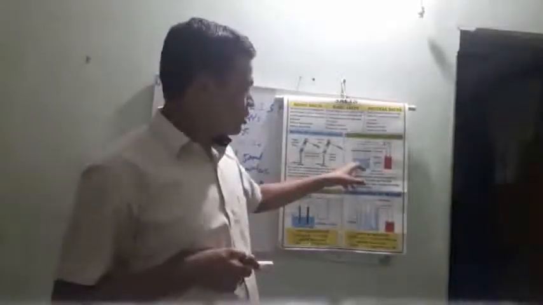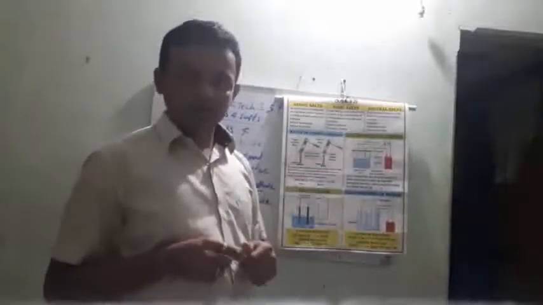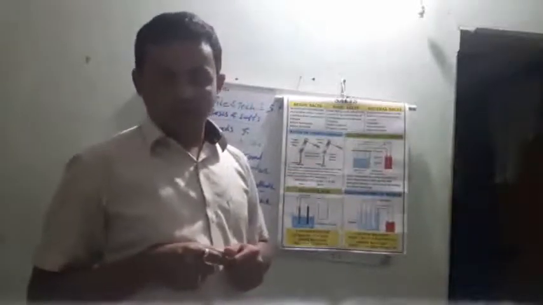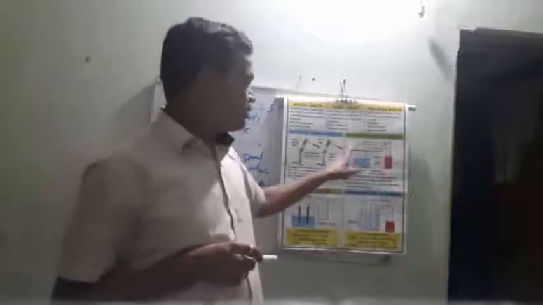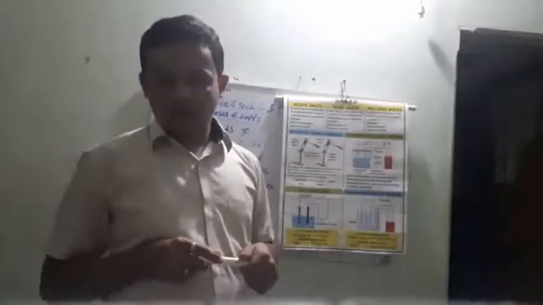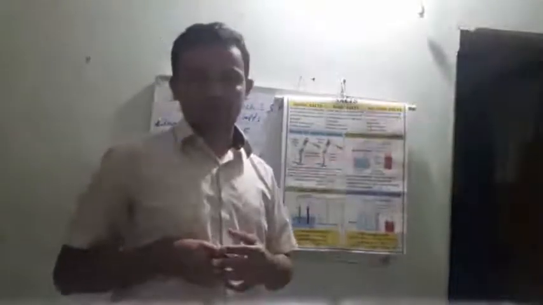So in this way there is a conduction of electricity, and due to that the electric circuit is completed, electric current flows through the bulb, and the bulb glows.